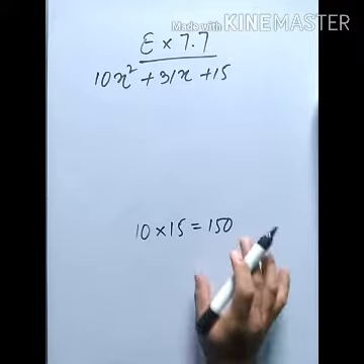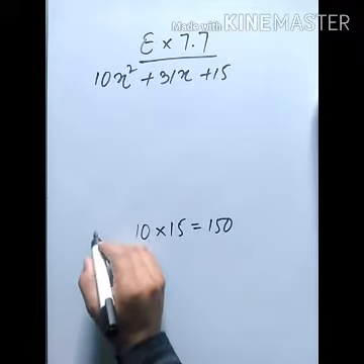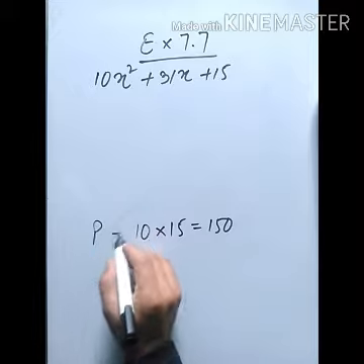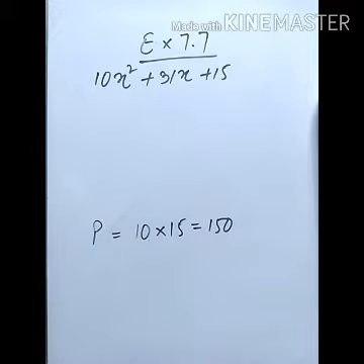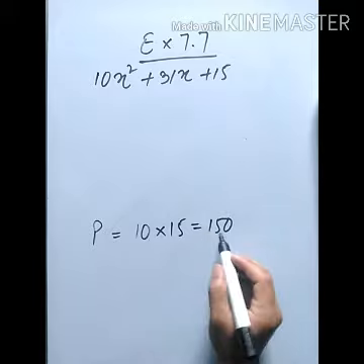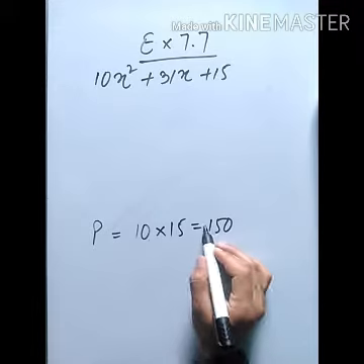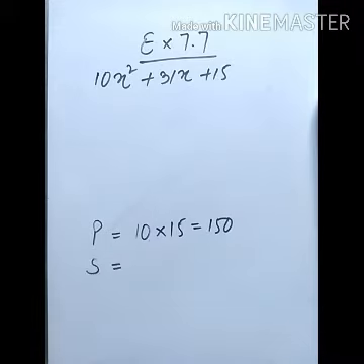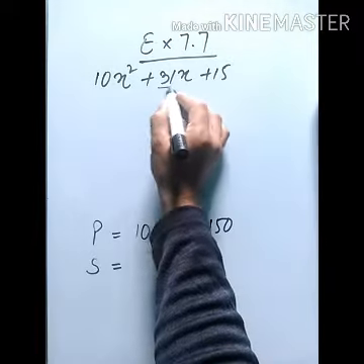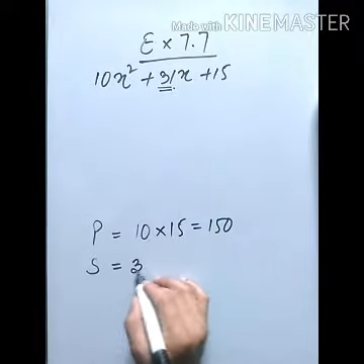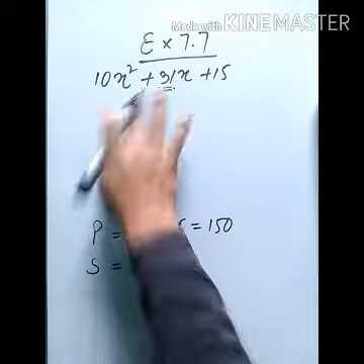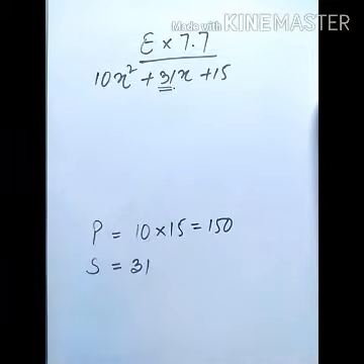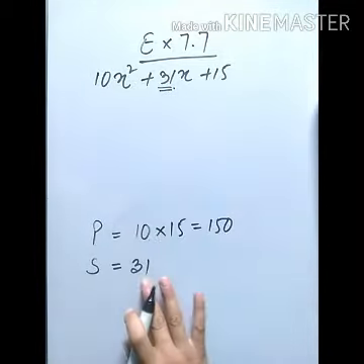So we are going to find the two numbers whose product is 150. This 150 is positive, plus. And the sum of the same two numbers should be, what is this? This is 31. Forget about the sign. It may be plus, it may be minus, it doesn't matter. Just take the absolute value.